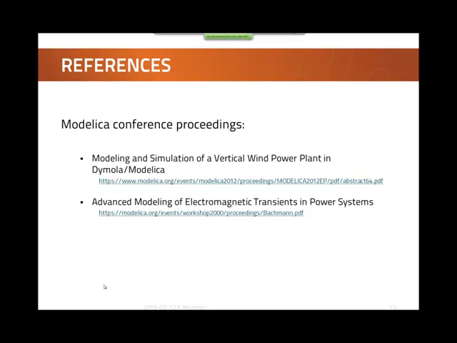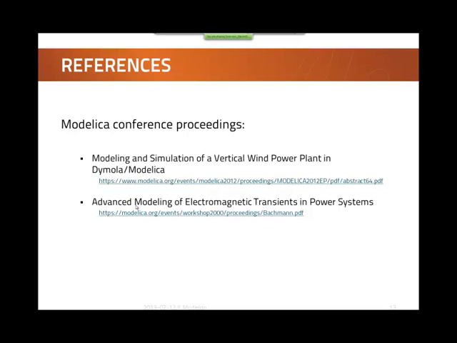I'm nearly finished with this presentation. As mentioned, we have a reference on the work with the wind power simulation. It was presented at the Modelica conference last year in Germany, and you can see the link here to this article.